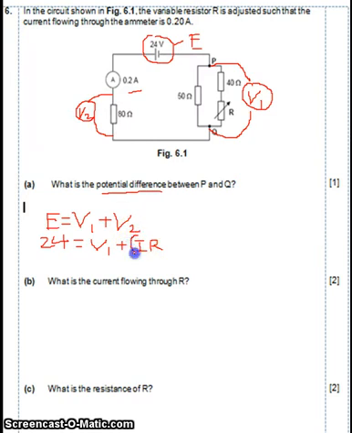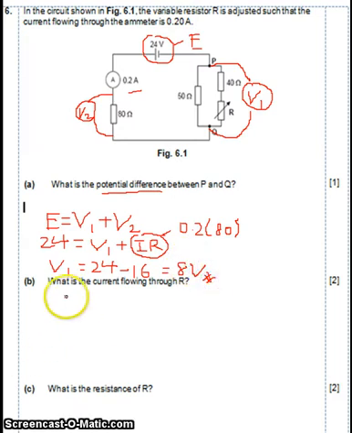So I times R will be calculated as 0.2 multiplied by 80, and that will give us 16. So the answer is 24 subtract 16, that will give us 8 volts. So this is the answer.